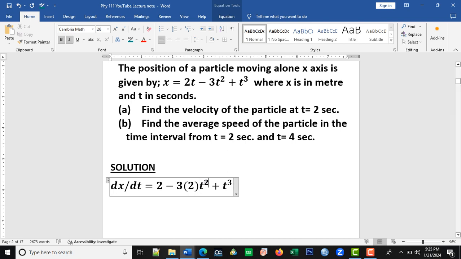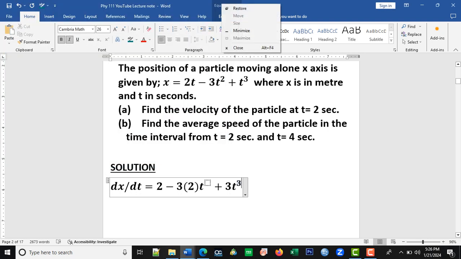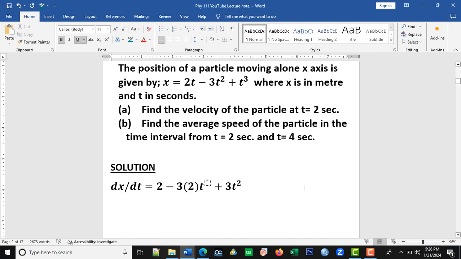And then this 2 minus 1 will give us 1. So let me assume that there is nothing there. I also come here. The derivative of this will give us 3t to power 2. I have to edit this and put 2.